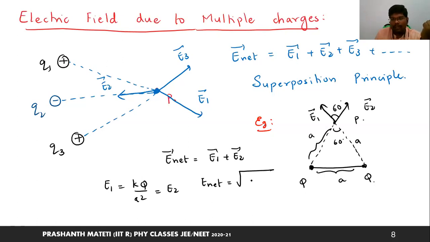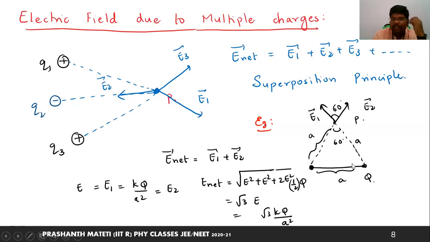It says E square plus E square plus 2 E square cos 60, because E1 and E2 are equal to some E and the angle between them is 60 degrees. Cos 60 is 1 by 2. So the resultant is root 3 E. That means root 3 times KQ by A square is the net electric field at that point. So this is how we do it if there are two. If there are multiple, you can write in vector format and find the net electric field.